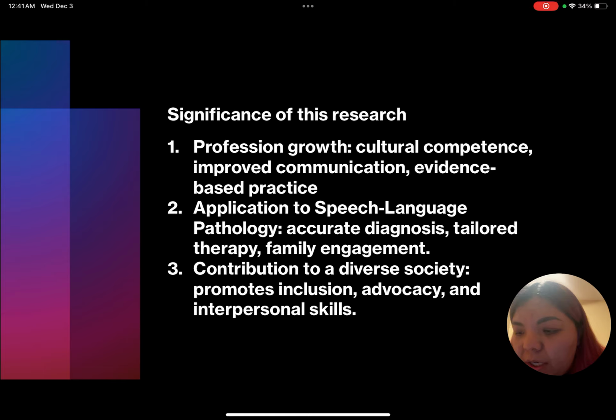Knowledge of Hmong phonetics helps SLPs explain therapy goals to families in a way that respects their language and culture. So you definitely don't want to take away their language or tell them they can't speak Hmong anymore, but you can develop ways for them to switch on and off without even having to think or worry about it.